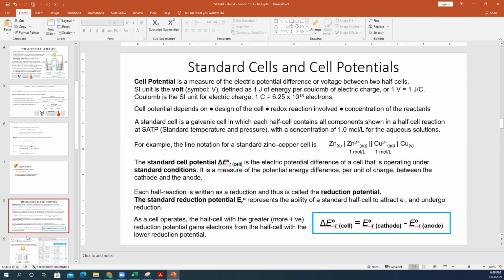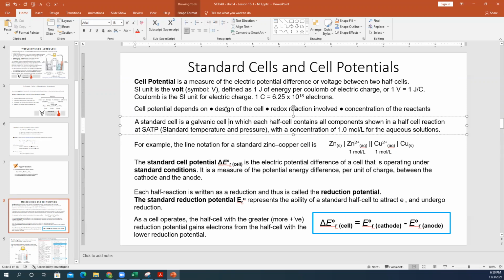The symbol for it is V. It's defined as 1 joule of energy per coulomb of electric charge, or 1 volt is equal to 1 joule per coulomb. And coulomb, as you might know, is the SI unit for electric charge. So 1 coulomb is defined as 6.25 times 10 to the 18 electrons.